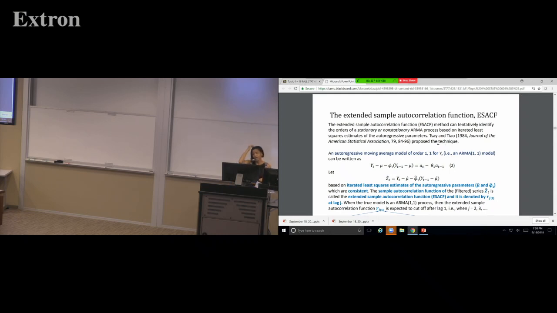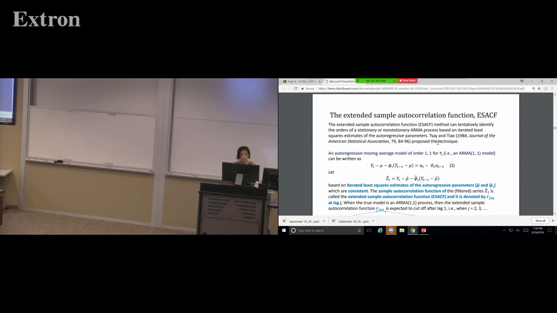The first technique that we're going to talk about is called the extended sample autocorrelation function, or ESACF. The derivation of the process is spelled out in the American Statistical Association article. But what it is, is based on an iterated least squares estimate of the autoregressive parameters.